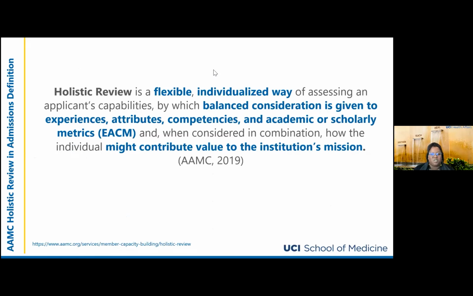So a great place to start is a definition provided by the AAMC, in which holistic review is a flexible, individualized way of assessing an applicant's capabilities, by which balanced consideration is given to experiences, attributes, competencies, and academic or scholarly metrics. And that's the EACM model that's going to be discussed today as far as a holistic review model provided by the AAMC.